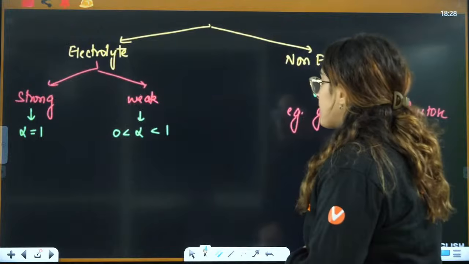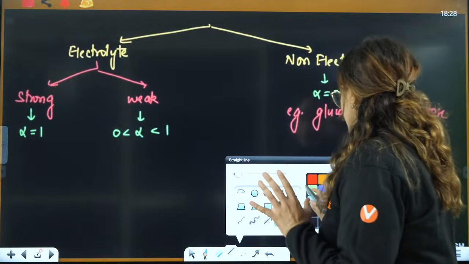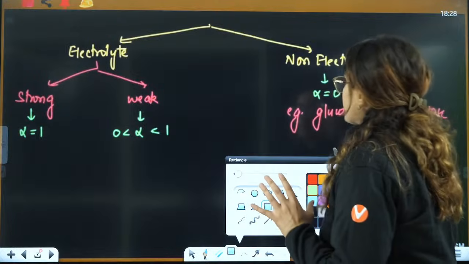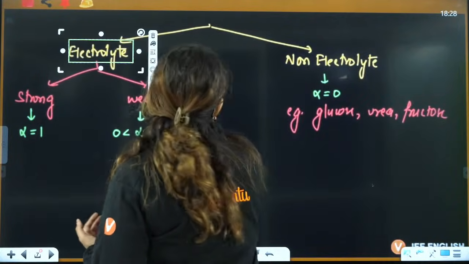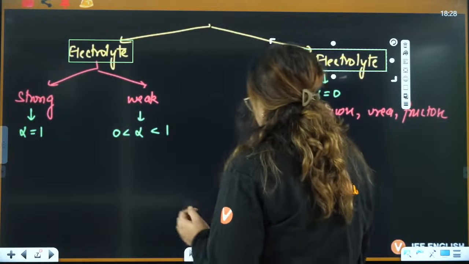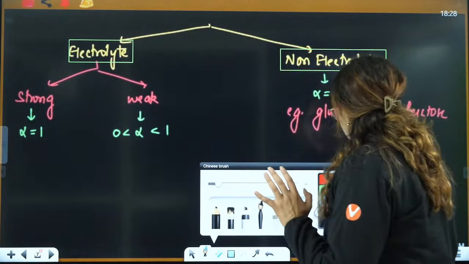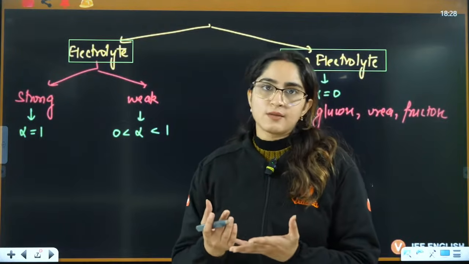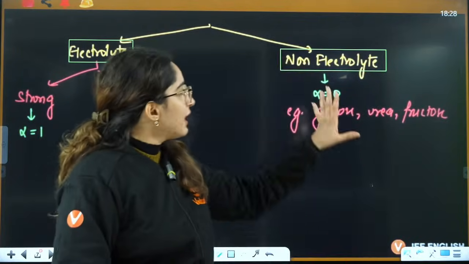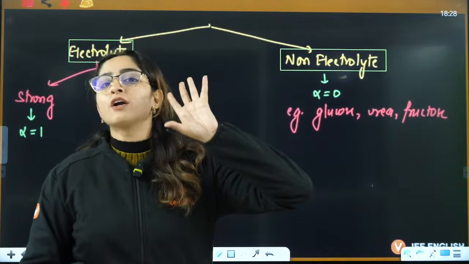Now let's talk about two categories of electrolytes. Electrolytes are of two types: one is electrolyte, the other is non-electrolyte. An electrolyte is a substance which is dissociated into ions, and non-electrolytes are not at all dissociated.